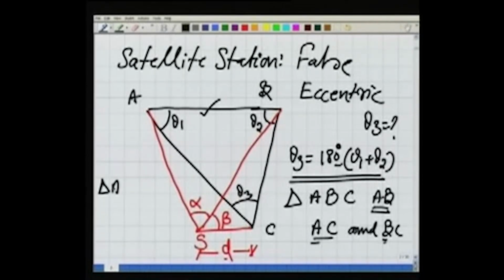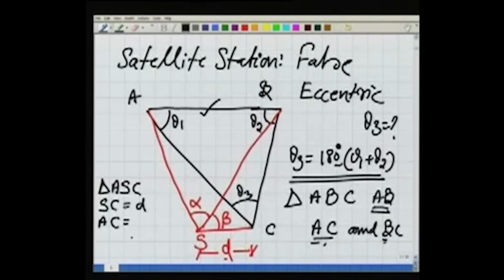In triangle ASC, I know SC because this is measured, this is equal to D, and I know AC because this is computed.